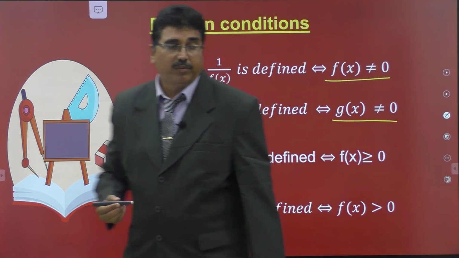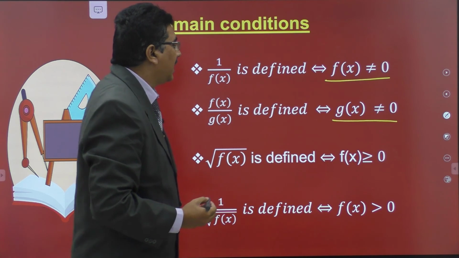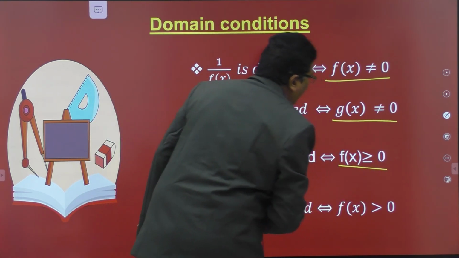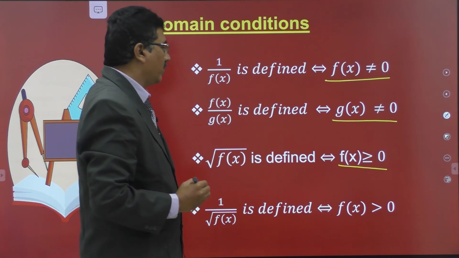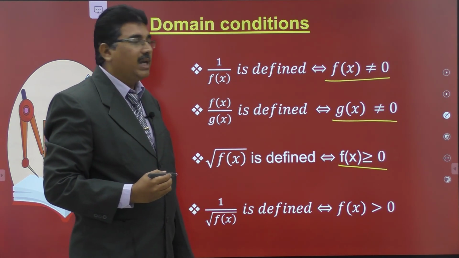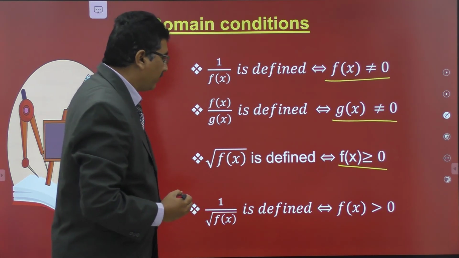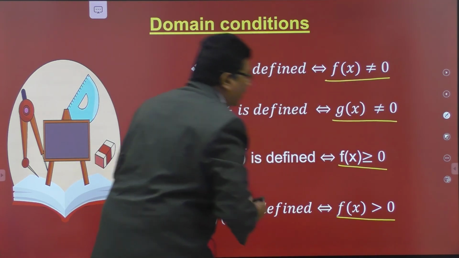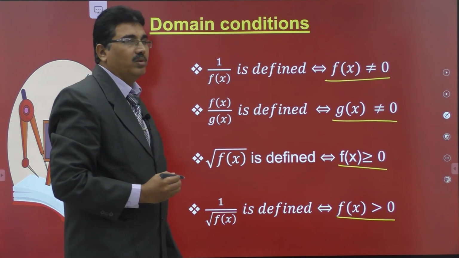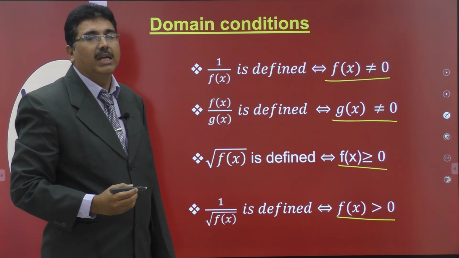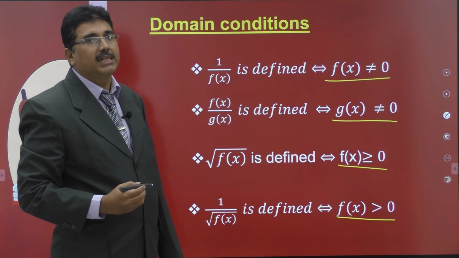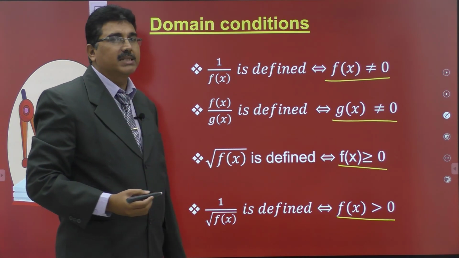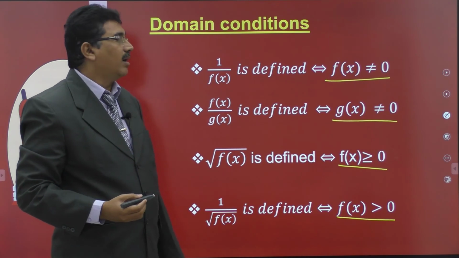Now, if f of x greater than or equal to 0, root f of x is defined. If f of x greater than 0, then 1 by root f of x is defined. Following these conditions, we get the domain of a function.